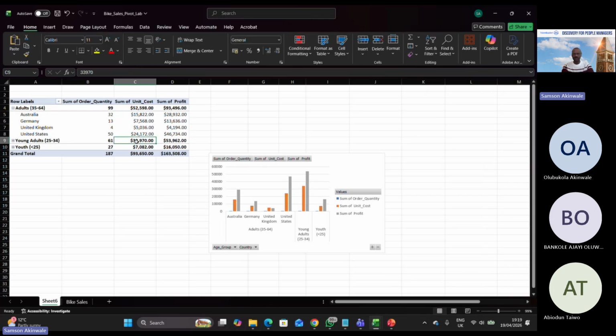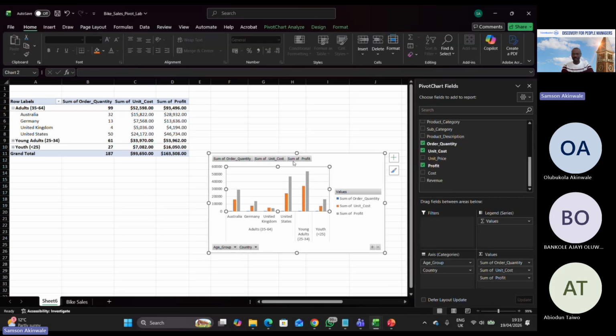This is a pivot table chart, and the icons right here on the chart are two. It's supposed to be three. Why? Because there is need for a filter. The filter isn't here on the chart because there is already a filter as one of the four quadrants on the pivot chart field. And this is it here.